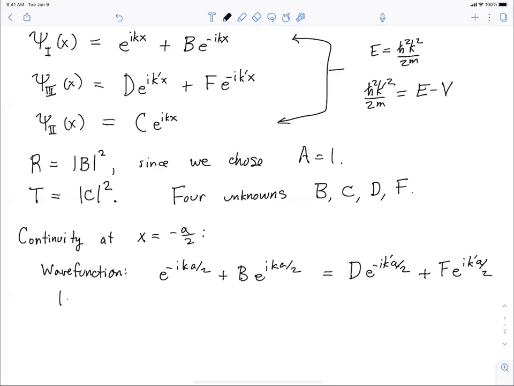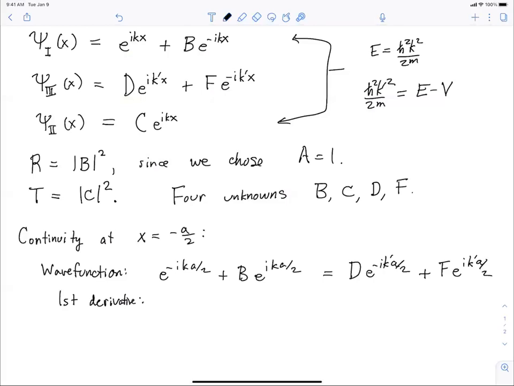And then, because the potential is finite at that point, we get to also match the first derivative of the wave function. And all that does is, here you pull down a factor of ik, you pull down a factor of minus ik when you take the derivative of that. You pull down a factor of ik prime, and you pull down a factor of minus ik prime there.